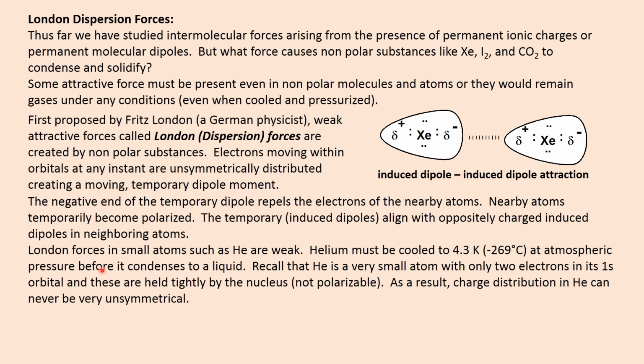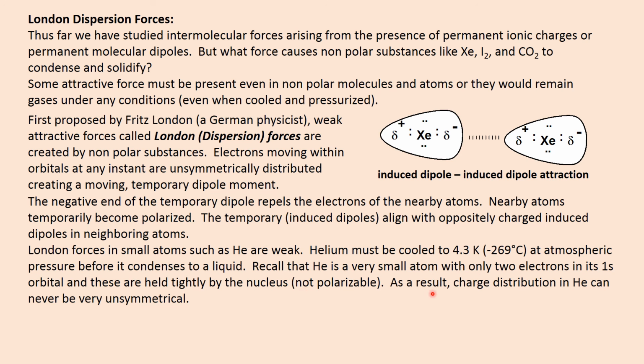Now, London forces are very small, and particularly in helium, they're very weak. You see, helium must be cooled down to almost absolute zero, 4.3 Kelvin at atmospheric pressure, before it finally condenses to a liquid. That's not a very strong intermolecular force. Why is that? Well, recall that helium is a very small atom with only 2 electrons in its 1s orbital. So these electrons are held quite tightly by the nucleus, making helium not very polarizable.